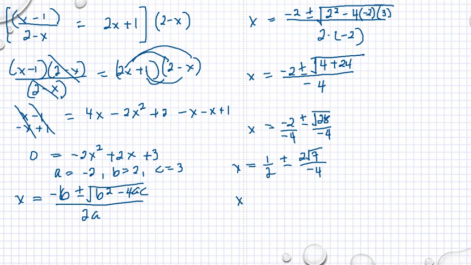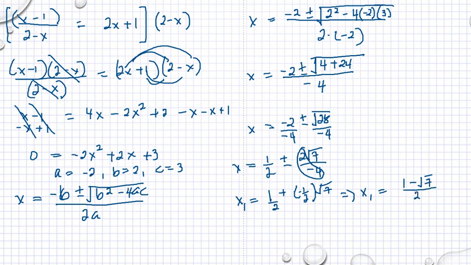So my solutions now, my roots: x sub 1 is equal to 1 minus the square root of 7 divided by 2.